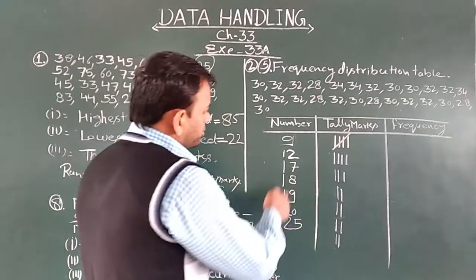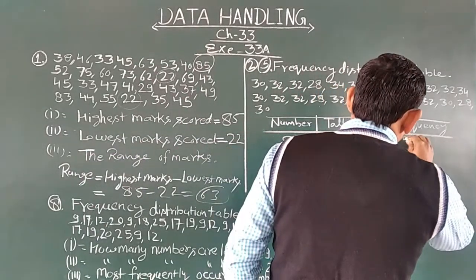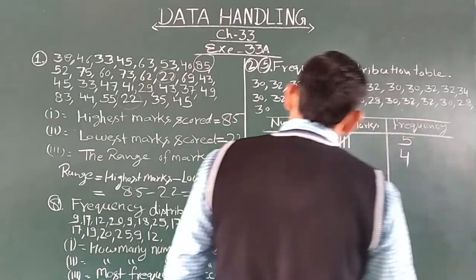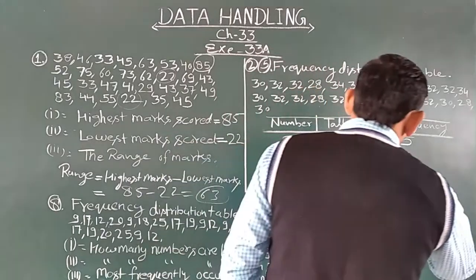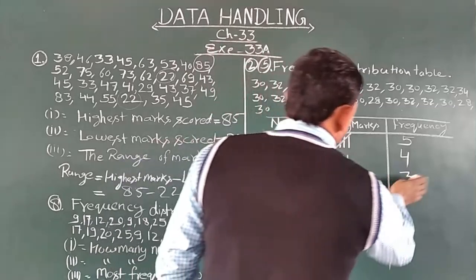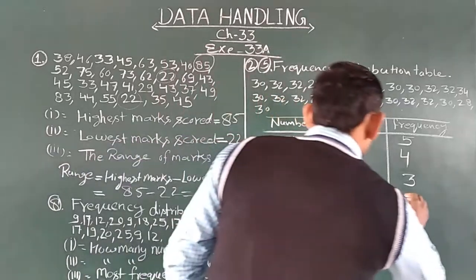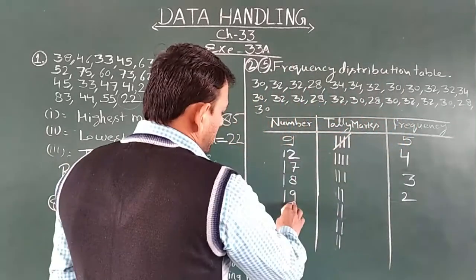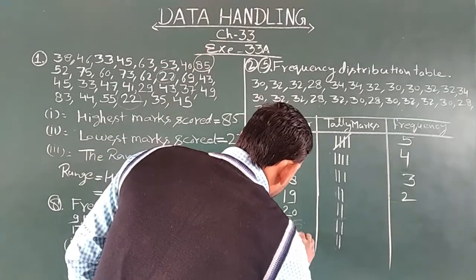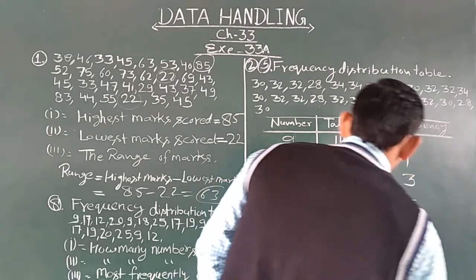Now we will write the frequency for the whole data. 9 has come 5 times, so we will write 5. 12 has come 4 times, so you will write 4. 17 has come 3 times, so you will write 3. Now 18 has come 2 times, so you will write 2. 19, 20 and 25 have all come 2 times, so you will write 2, 2, 2.